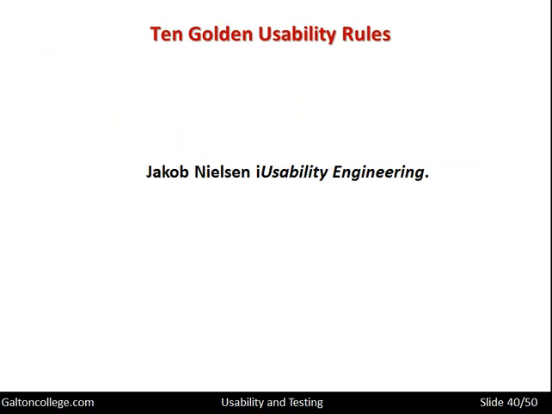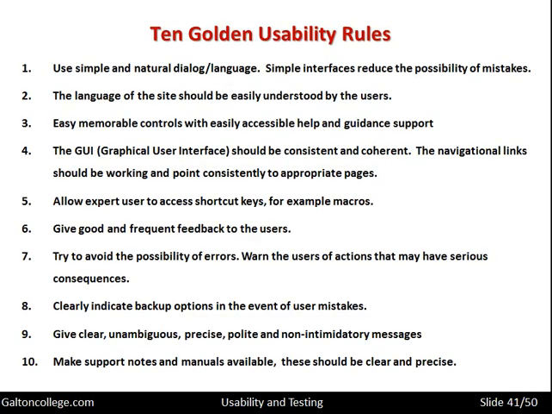So there are 10 golden usability rules. This is Jakob Nielsen, Usability Engineering. The first one is use simple and natural dialogue language. Simple interfaces reduce the possibility of mistake. So use simple, natural dialogue language.